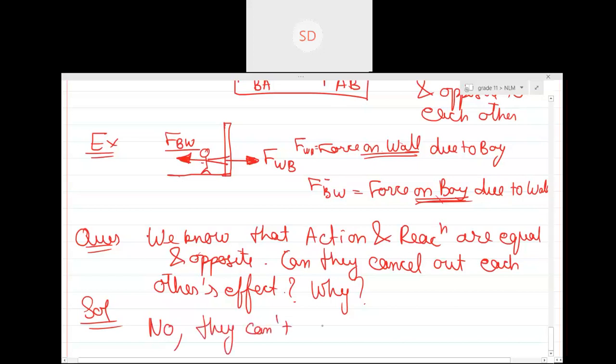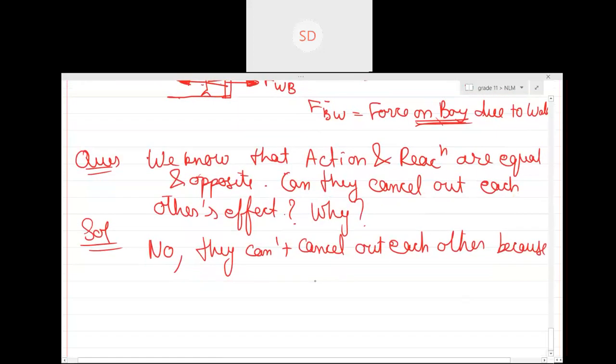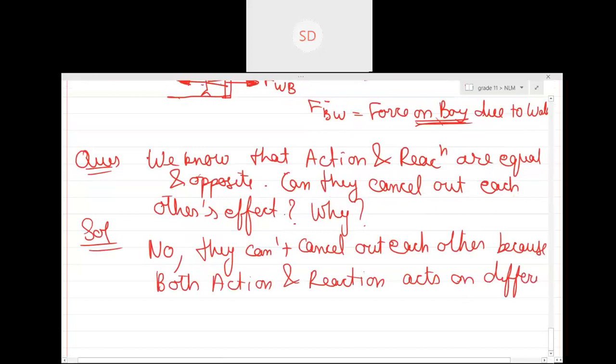Why can't they cancel out each other? Because both action and reaction act on different objects. Both forces are acting on different objects.